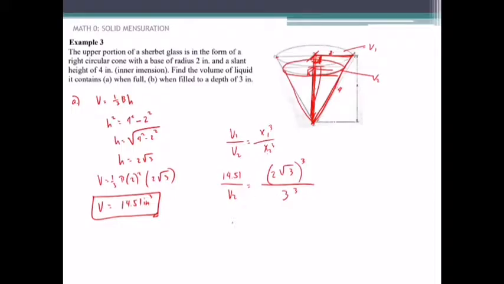So we get volume 2. That is 14.51 times 3 cubed divided by 2 square root of 3 cubed. So your answer now is 3 pi, or 9.4248. So that is the final answer. That is all.